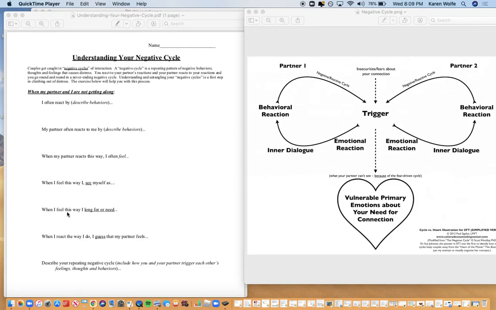Okay, so that's over here. That's the longing, and I would put in here, and I might change this sheet actually later on, your longings and your fears.